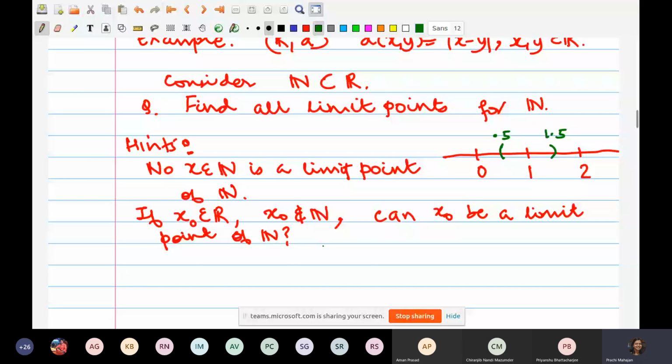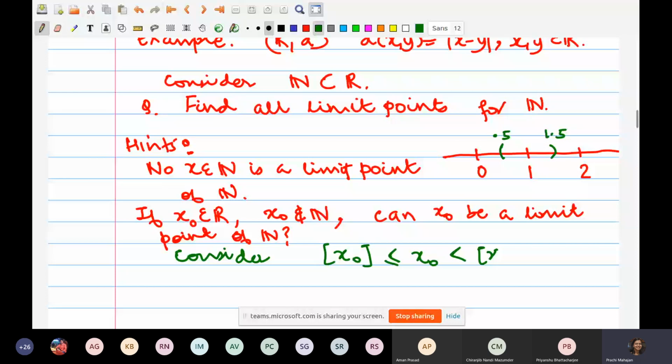Yes? Okay, so I'll write down what Aman is saying for the benefit of everybody. He's saying, consider the greatest integer function less than or equal to x naught. This is what we did.